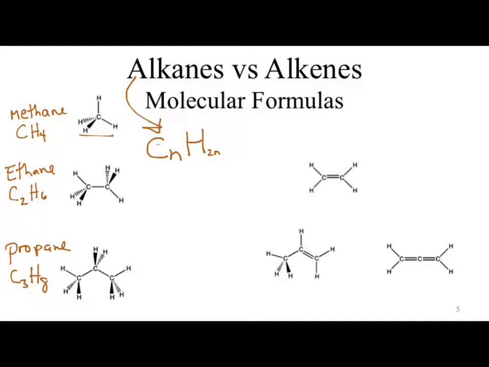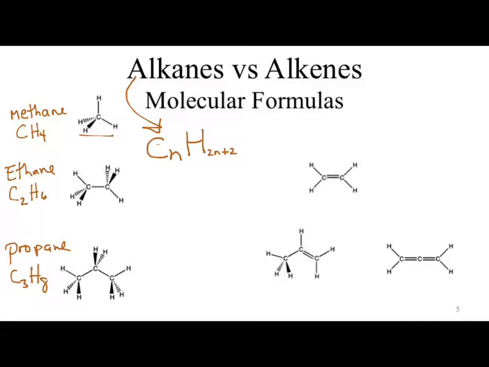Okay, so how could we adjust our formula now to account for those 2 missing hydrogens? How about +2? And if we go through and check our formula now in comparison to all the others. In ethane, how many carbons are there? 2. 2 times 2 is 4 plus 2 is 6.